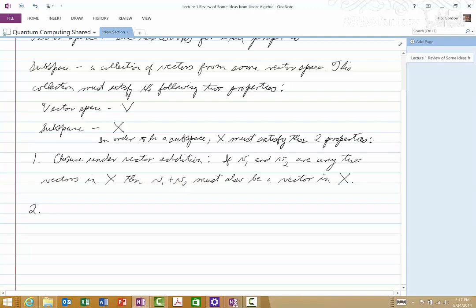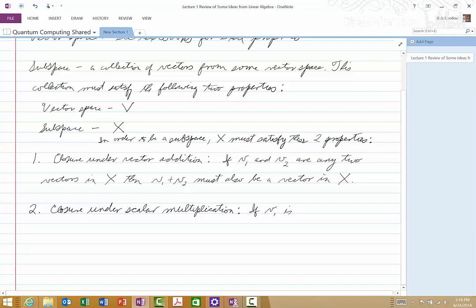Okay? And the second property is called closure under scalar multiplication. And even having seen property number one, you might be able to guess the way this one will go.